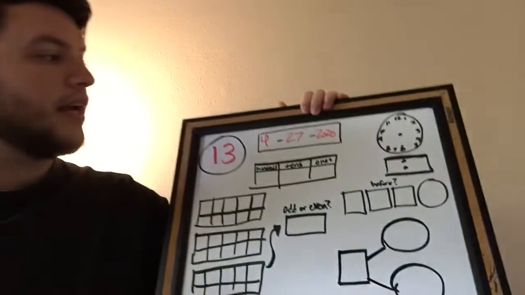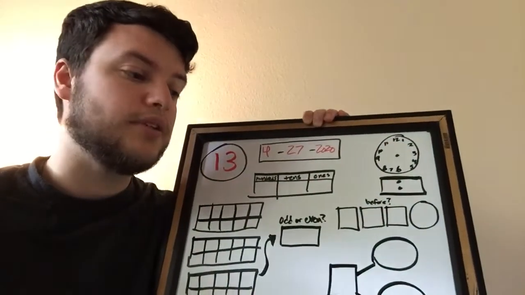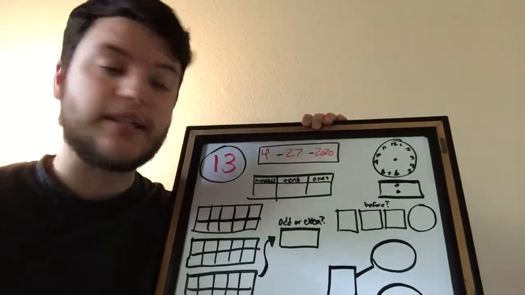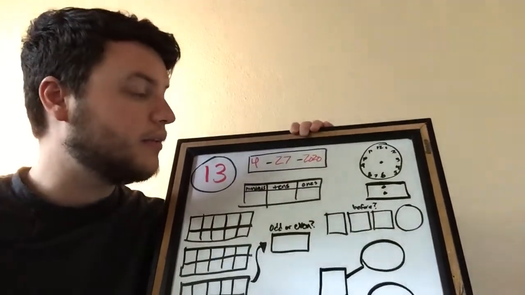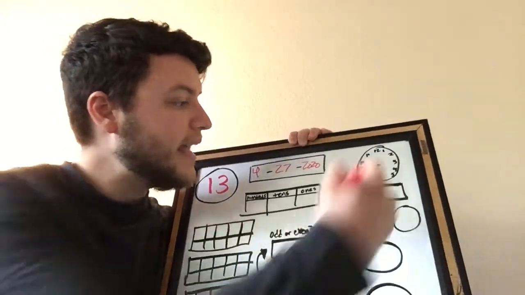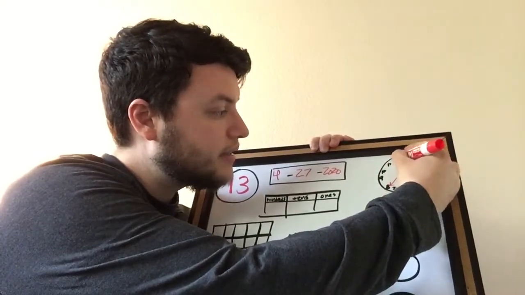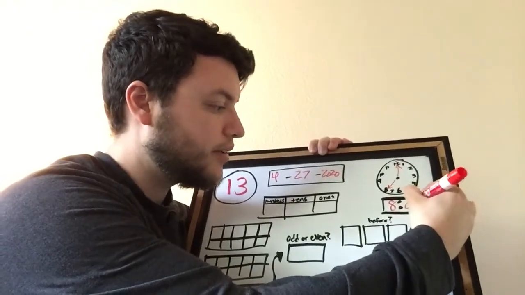So today is 4-27-2020. The time right now, time is actually not something we cover in kindergarten. That's something that you cover in first and second grade in depth. But the time that I'm doing this video is 8 a.m. It's actually 8:00.